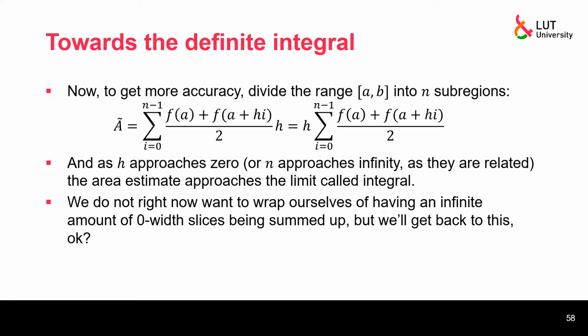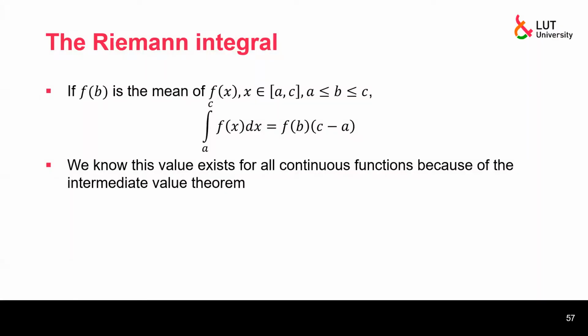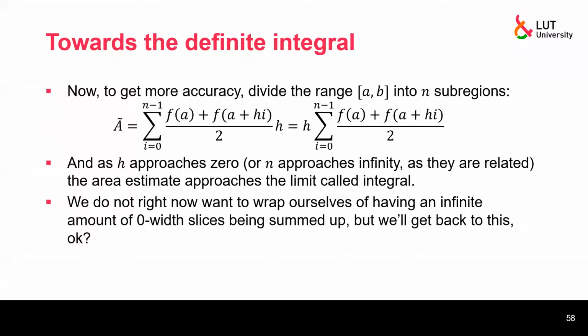usually if we just pick one value as an estimate, we are getting some error. So the squiggly line on top of the area means that it's an estimate. And then when we're taking more of these estimates and sum them up together, we should be able to get an estimate.